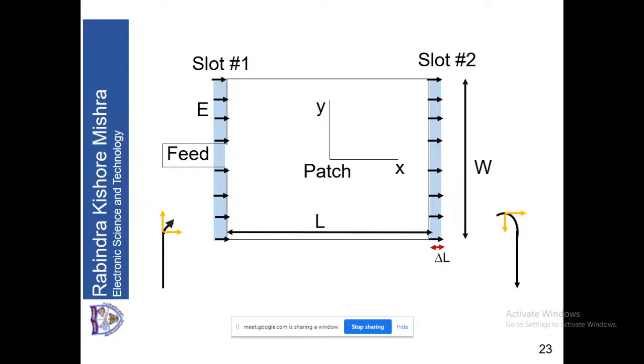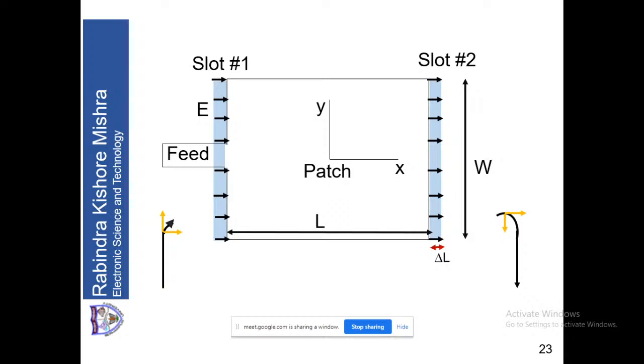Now as I told you, this slot will have a width of W because that extends along the width of the patch, and it will have a length delta L. We'll see an empirical expression for delta L later. But the slot extension is delta L and slot width is W. Now this slot is excited with a field.